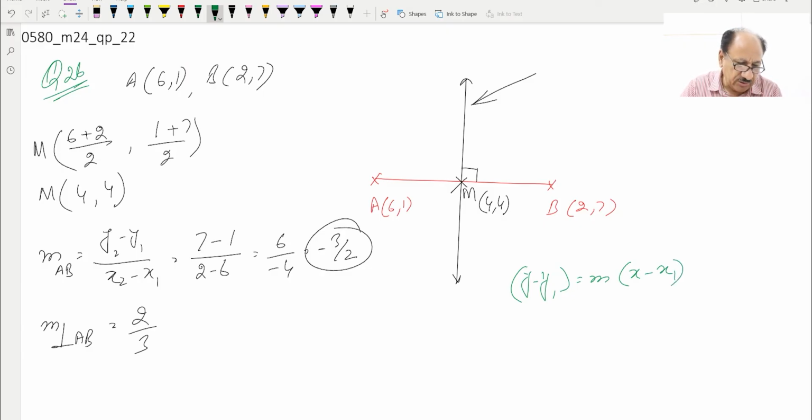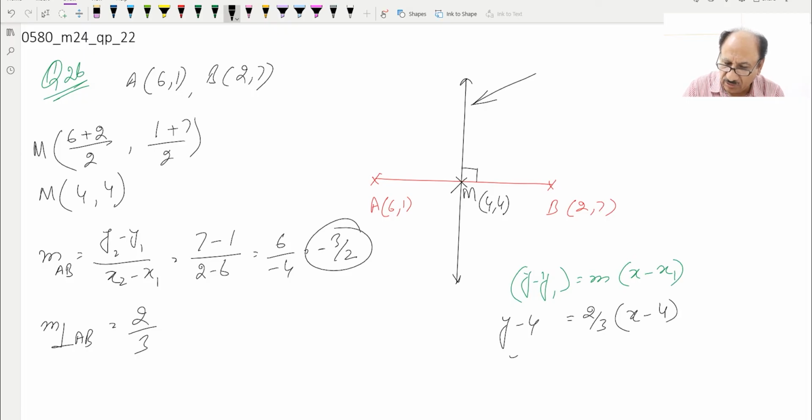When we have the gradient and one point, we can just replace in this and find the answer. So the gradient m is 2 by 3, so we'll replace it here with 2 by 3, and y1 is 4, so we'll write 4 here, and this will be x minus 4.